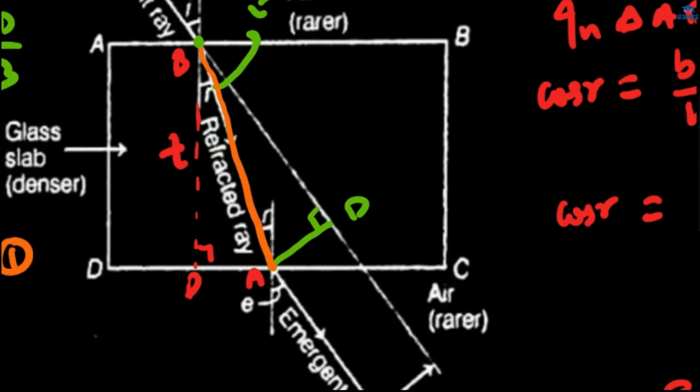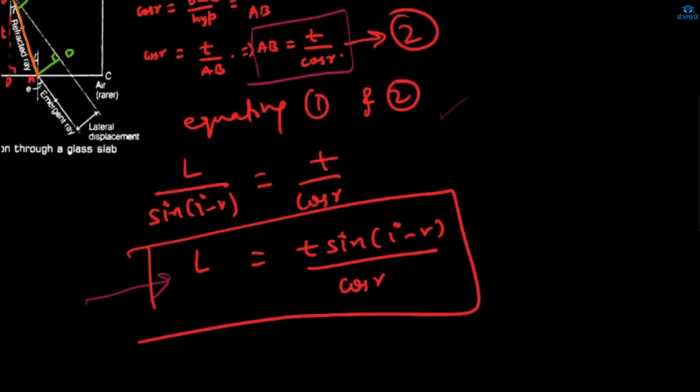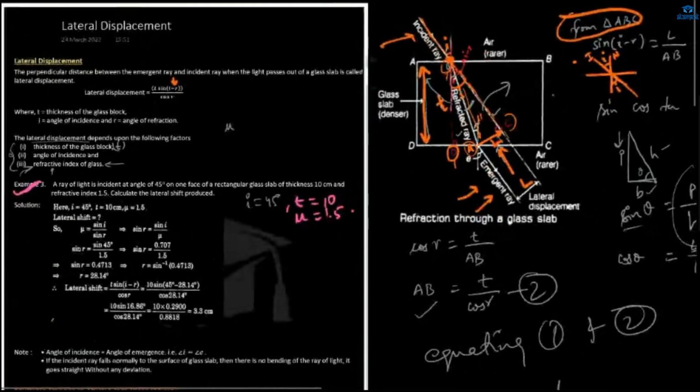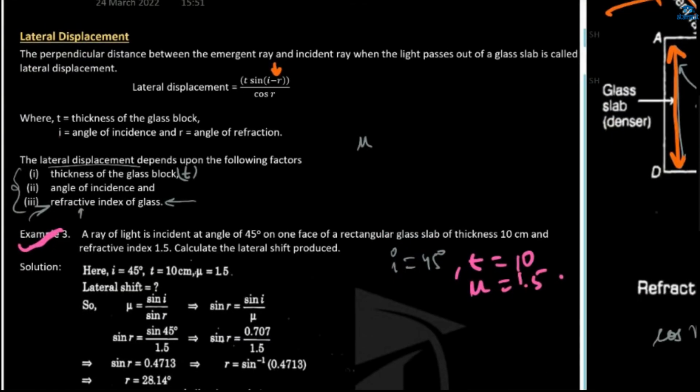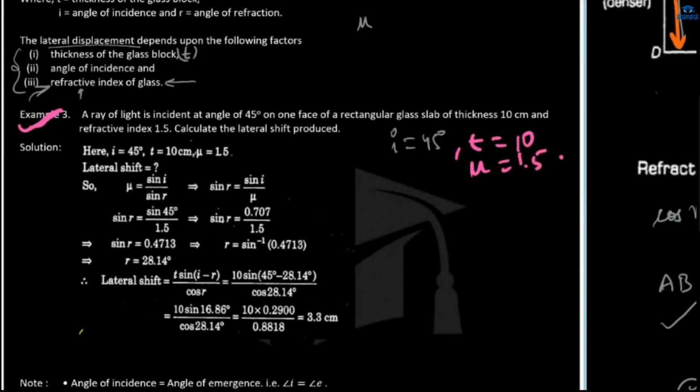Equating them, we get L equals T sine I minus R upon cos R. This is the formula, and we just need to put the values in it. We need not do anything else.